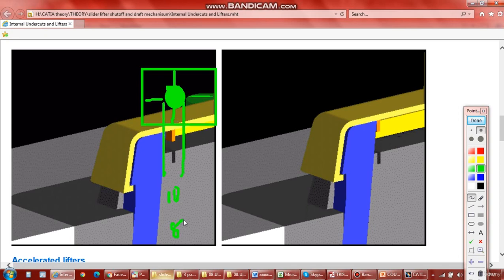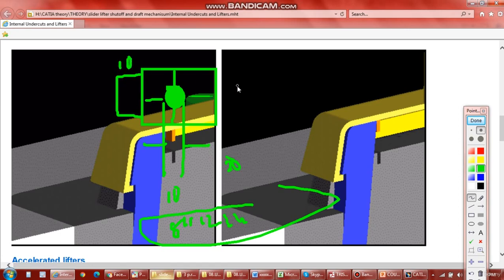Generally the minimum will be 8, 10, 12 or 14, so 10 is enough. So this is 5, 5, so this comes to 20, and this will be your undercut, which is going this much inside.